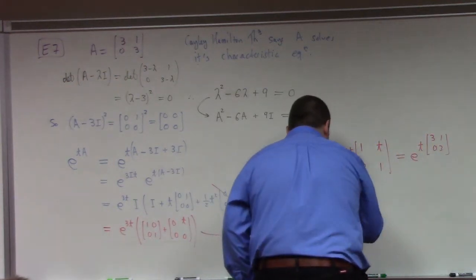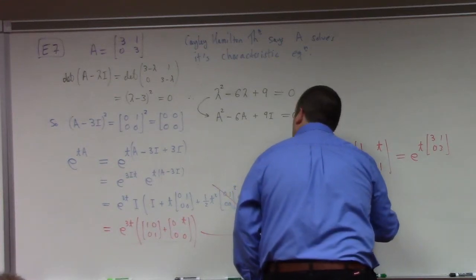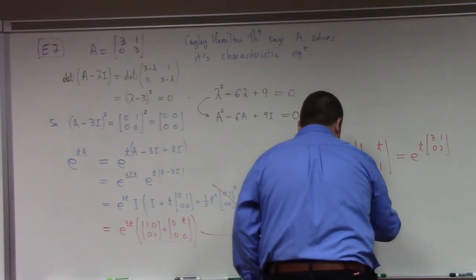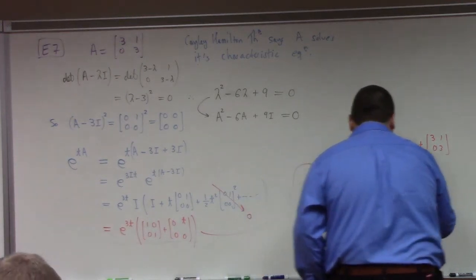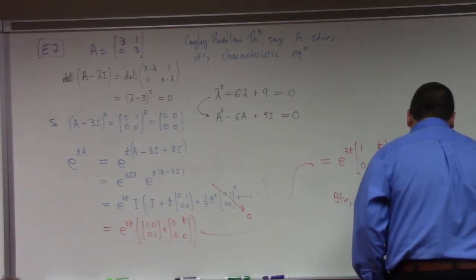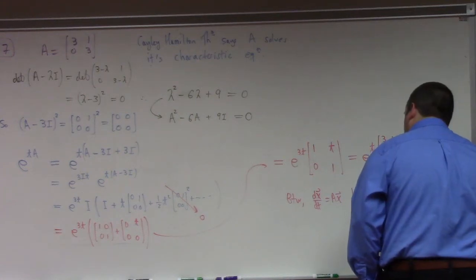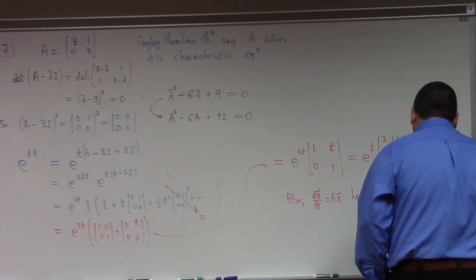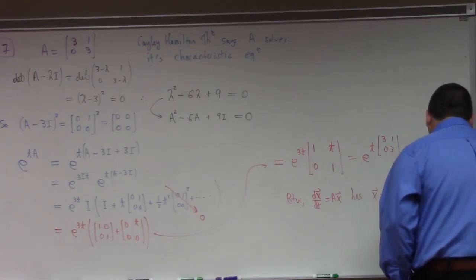And by the way, dx/dt equals Ax has x equal to c1 e to the 3t times (1, 0) plus c2 e to the 3t times (t, 1).